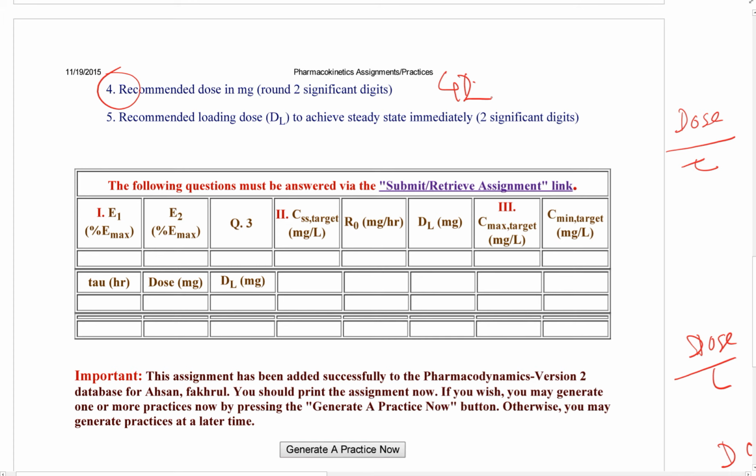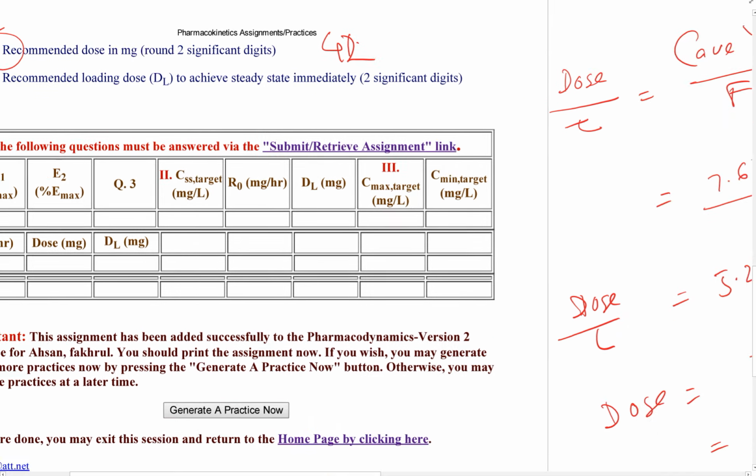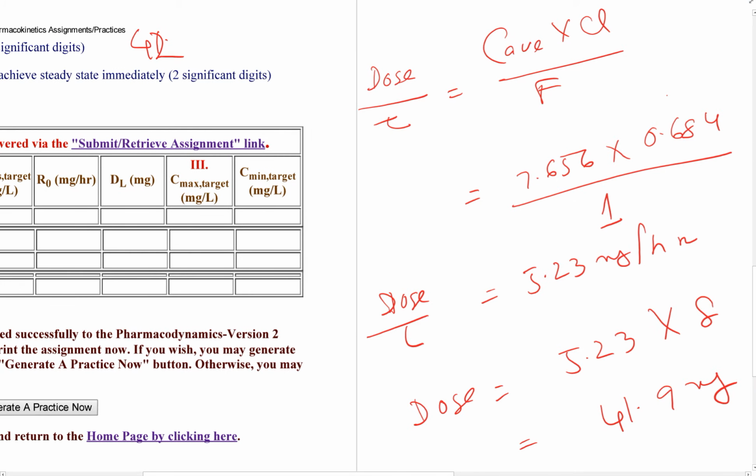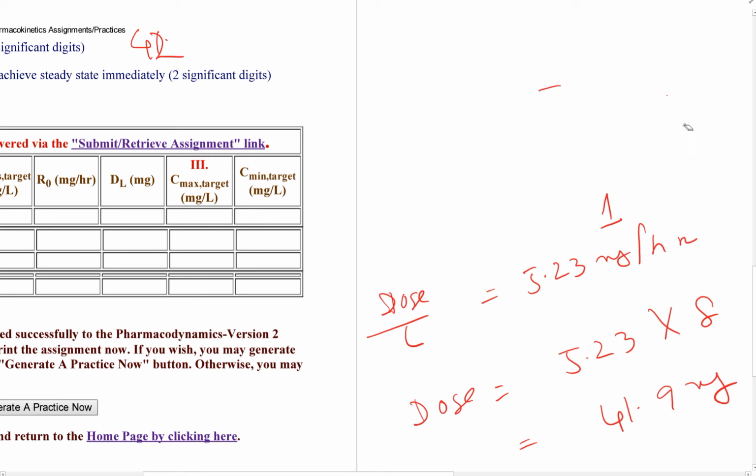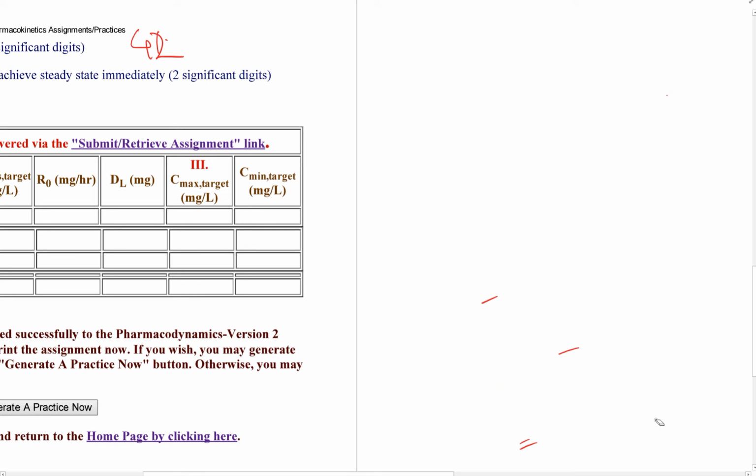And the recommended loading dose to achieve the steady state concentration. So recommended loading dose, again we have to go backward a little bit to calculate loading dose. We have to do some other calculations. We know that loading dose is what?